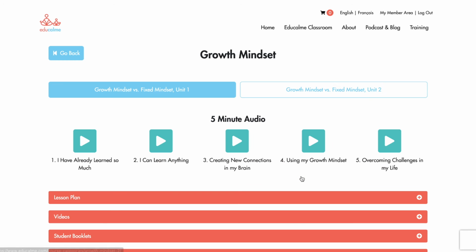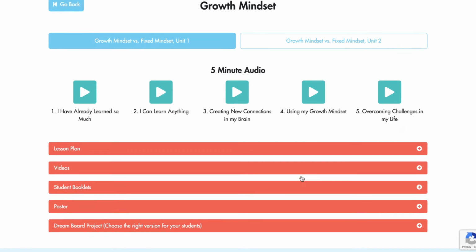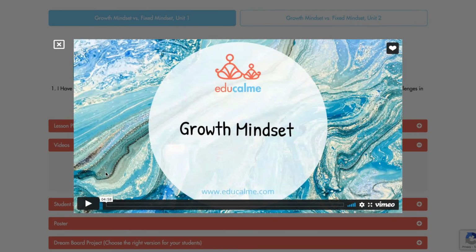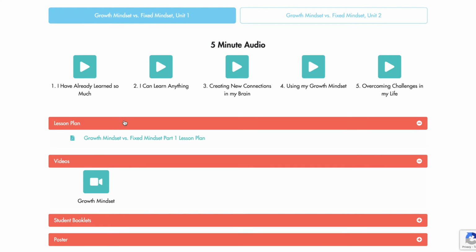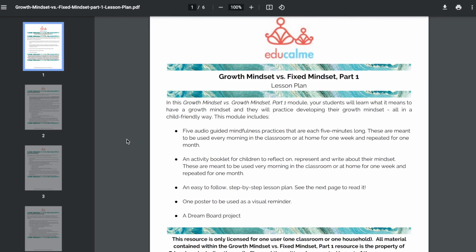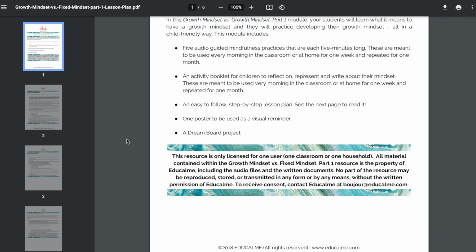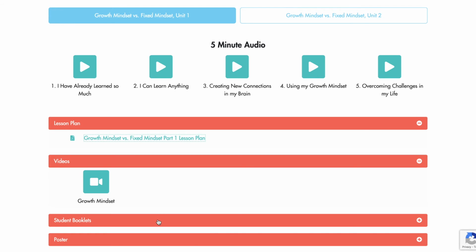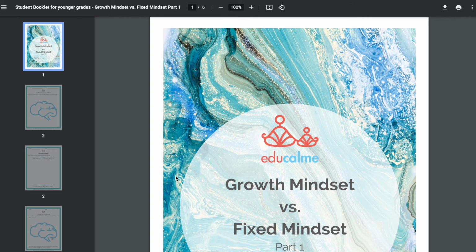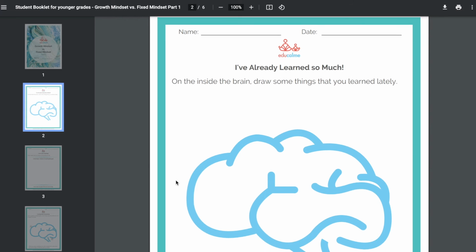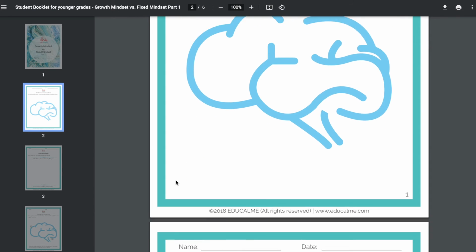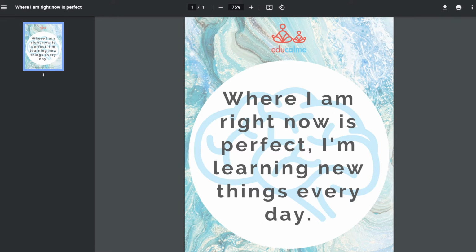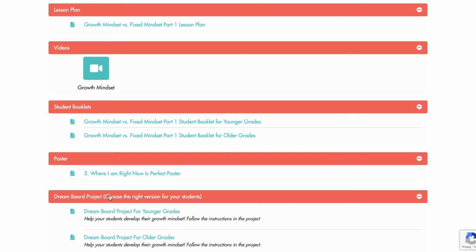Let's look at a second example, the growth mindset unit. There are 5 audios, an introductory video, a lesson plan, student booklets, a poster, and a bonus activity.